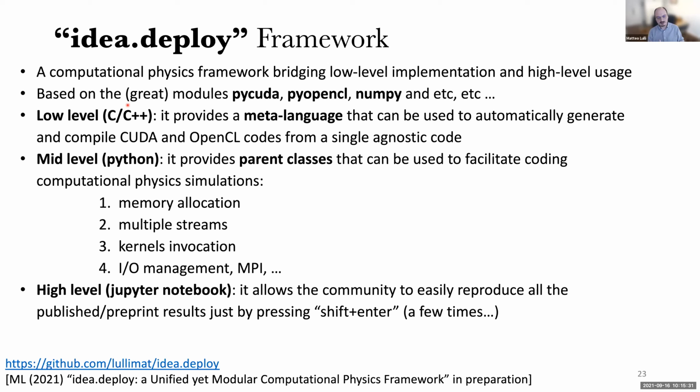At high level, it can be accessed through Jupyter notebooks relatively easily, so that anybody can reproduce all the content by simply pushing Shift-Enter a few times. That's all that's needed at the highest level.